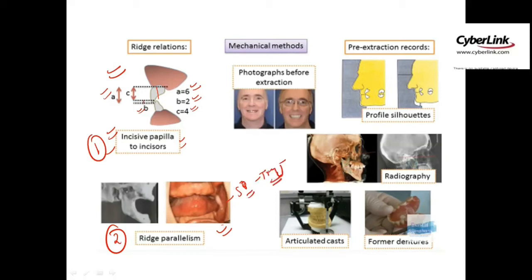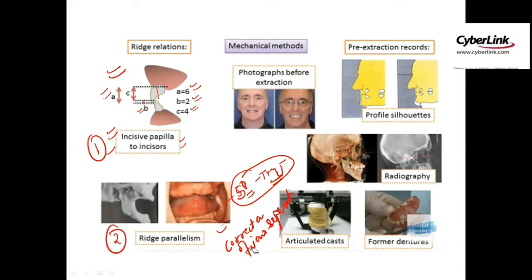Which is considered as the correct amount of jaw separation, 5 degree at the TMJ.